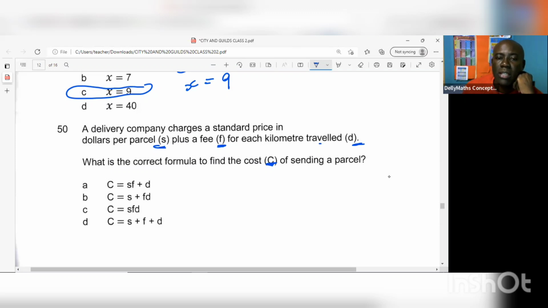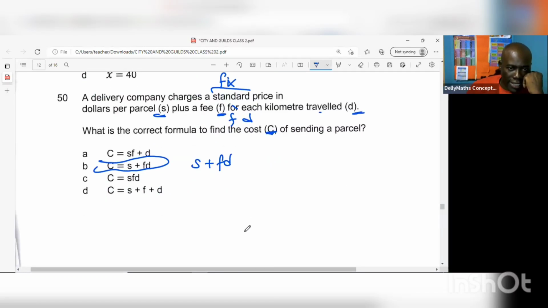The standard price is like a fixed fee, so you want to have that by itself. This looks like it, because it's going to be that standard price plus FD. If you notice, this part says plus a fee F for each kilometer. So we're going to multiply the F times the D, plus that. So C, the answer is B.